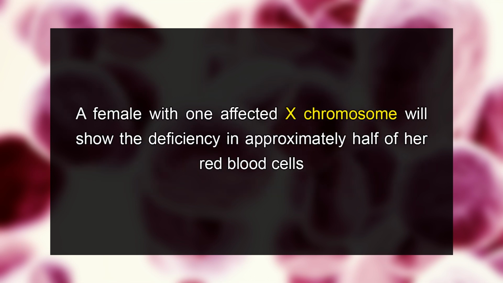A female with one affected X chromosome will show the deficiency in approximately half of her red blood cells. However, in some cases, including double X deficiency, the ratio can be much more than half, making the individual almost as sensitive as males.